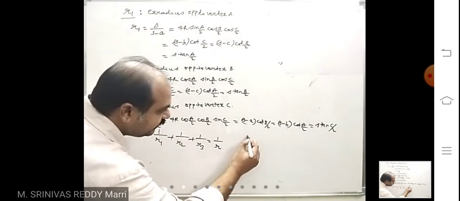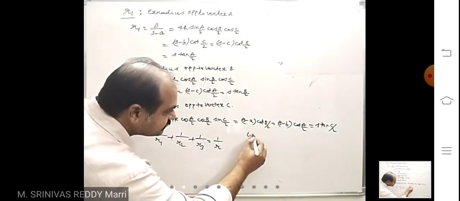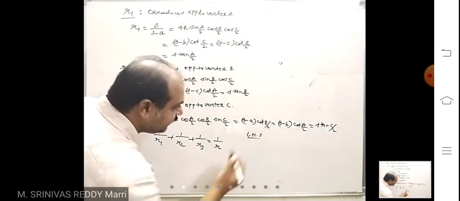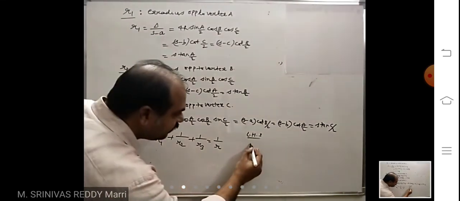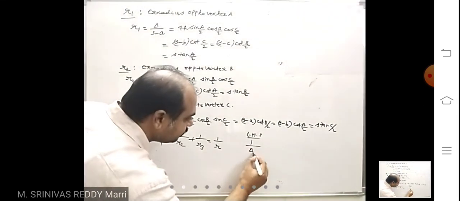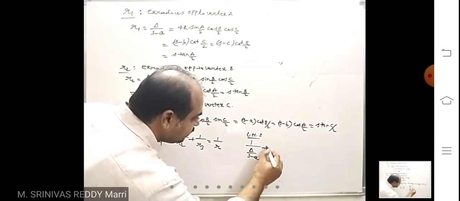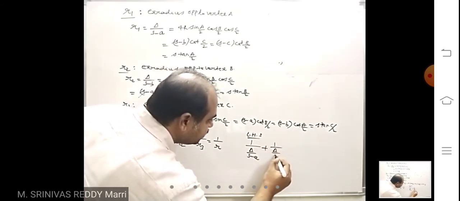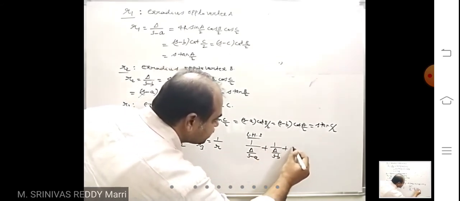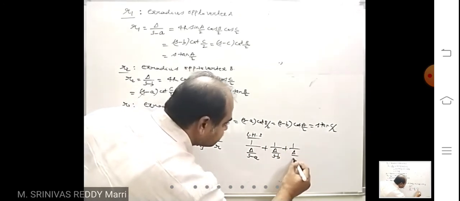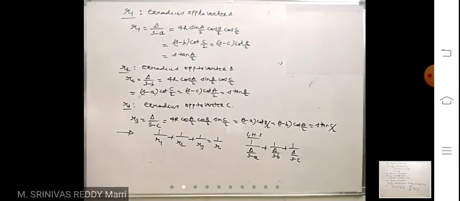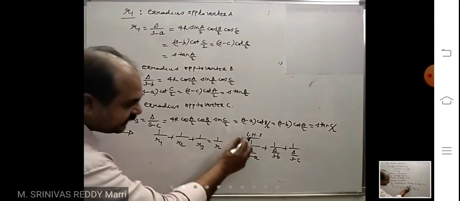Looking at 1 by R1, I am taking the LHS. What is the R1 formula? R1 is delta by S minus A. R2 is delta by S minus B. Basic formulas. And S minus C.